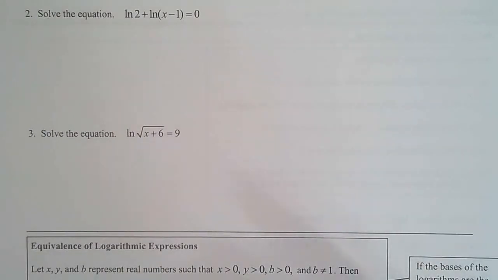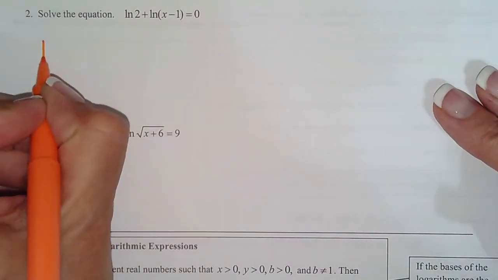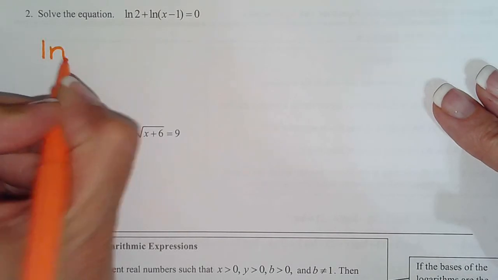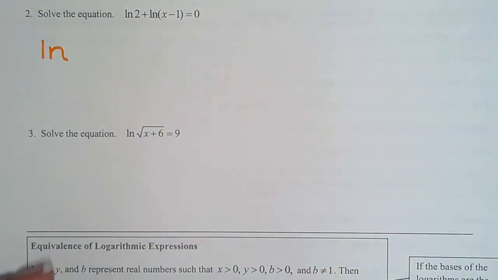Step 2 says write as a single log, and it doesn't matter if it's a natural log or a regular log, you still have to write it as a single log. We learned in our last section, 8.6, that it doesn't matter whether it's a natural log, log base e, or log base 10, they all follow the same rules.